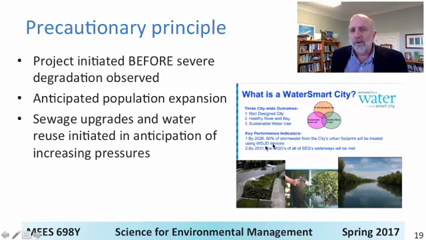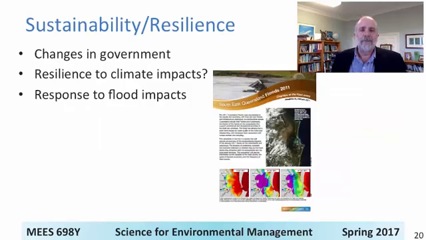The Water Smart initiative of the Healthy Waterways started to embrace a Water Smart City and use the water more efficiently, reducing per capita water consumption. It helped that there was a big drought and there was a lot of pressure to do that, but it really became a much more water smart city.